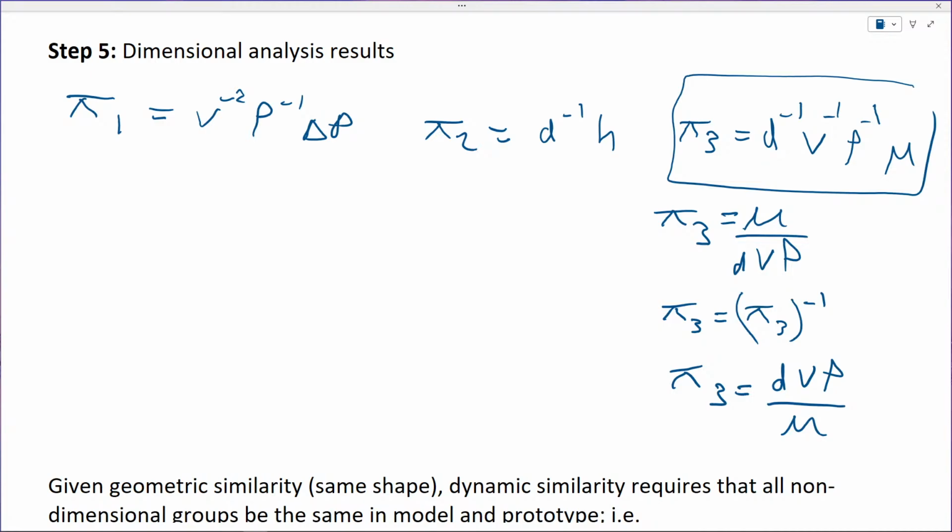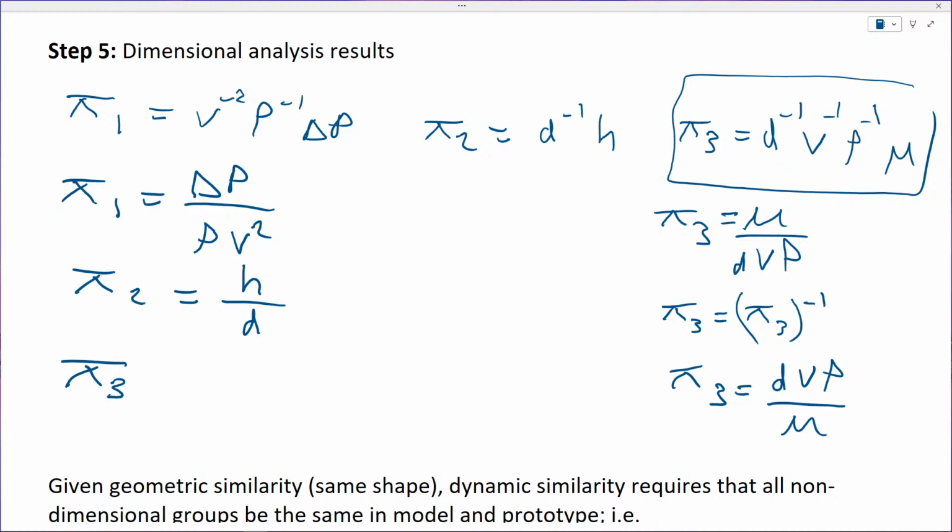So what do we have here? For pi 1, we have the drop of pressure over rho V square. For our pi 2, we have H over D, and for our pi 3, we have our Reynolds number, D V rho over mu.